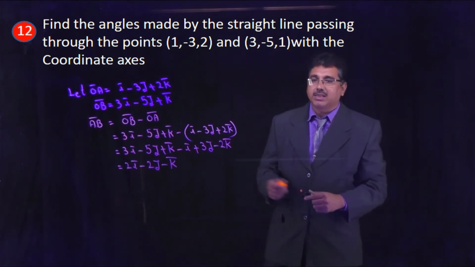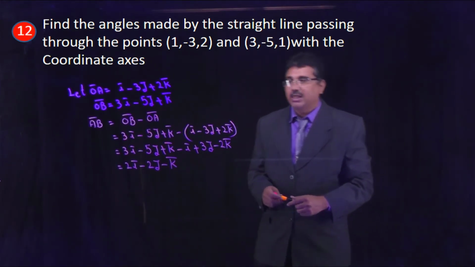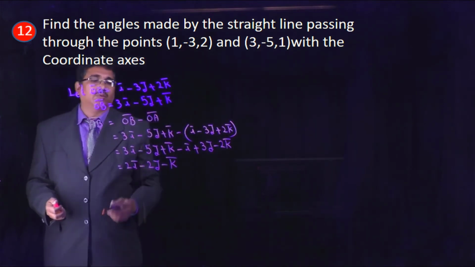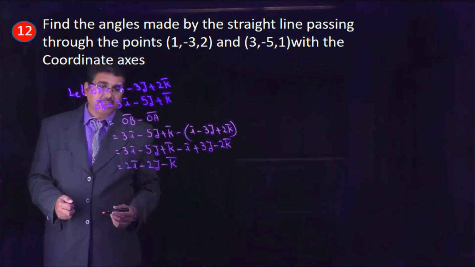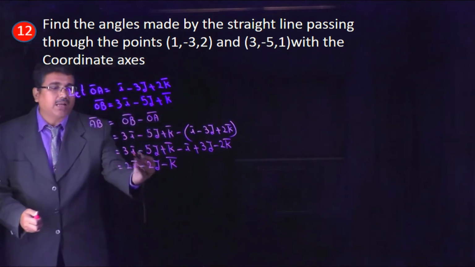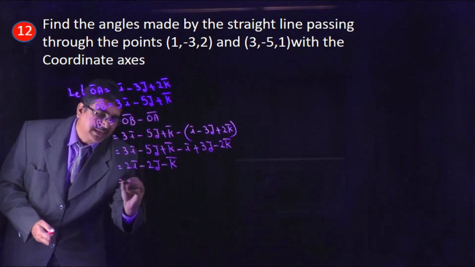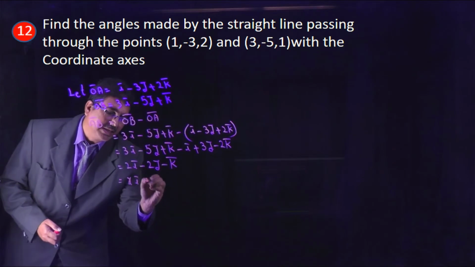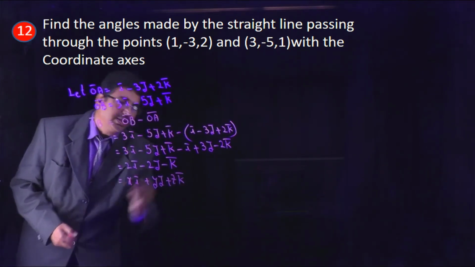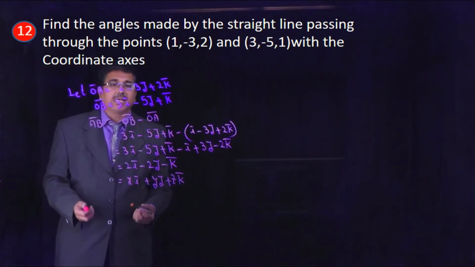This problem also can be done in 2 methods. AB bar is equal to 2i bar minus 2j bar minus k bar, which is of the form xi bar plus yj bar plus zk bar.